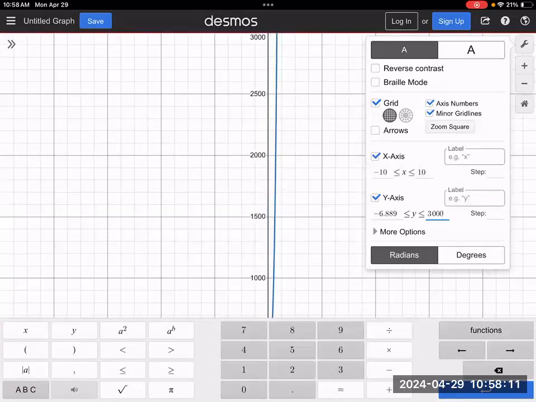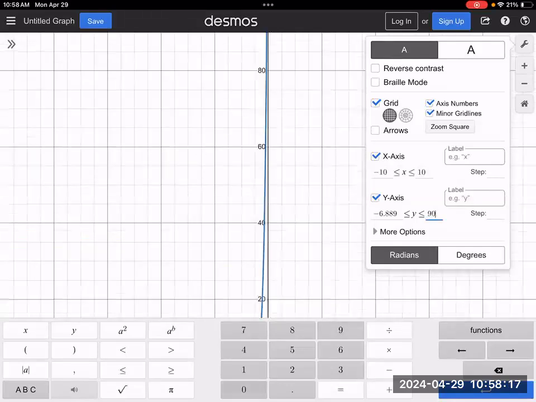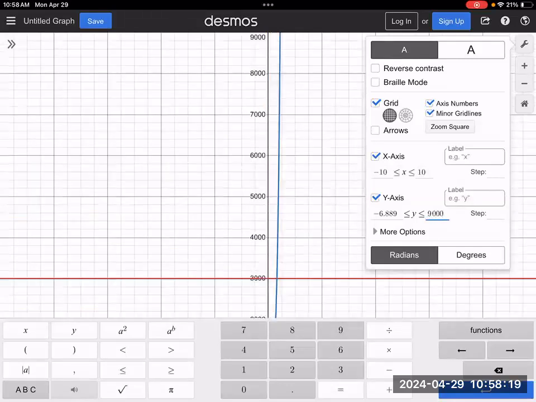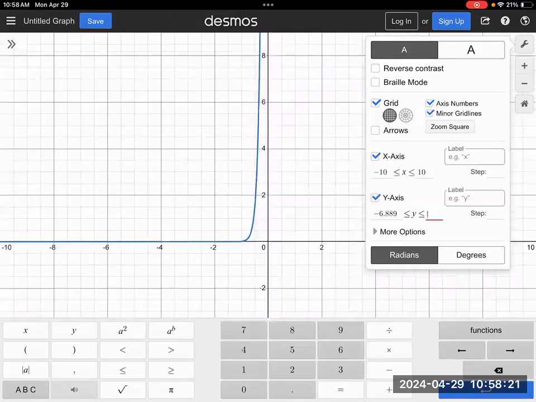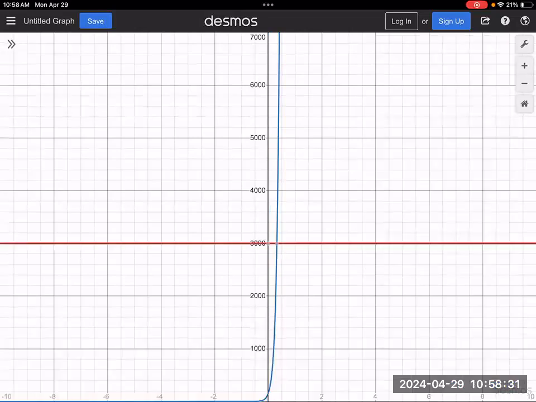You can see kind of the start of a red line. So let's get further above, let's say 9,000. Well, 9,000 is a little much. Let's say 7,000. If you wanted to change your steps, feel free to go ahead, but we're really just looking for where they intersect, which is at 0.325.